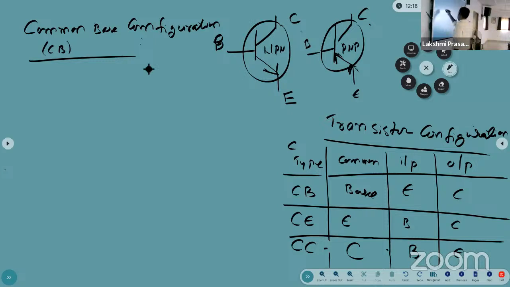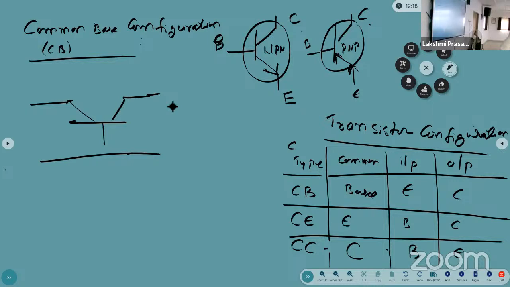Now we can connect the transistor in the CB configuration, the transistor in common base configuration, and its input VI characteristics. The input VI characteristics of the common base configuration.